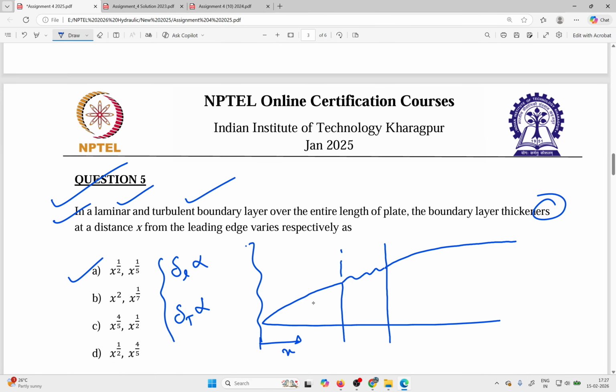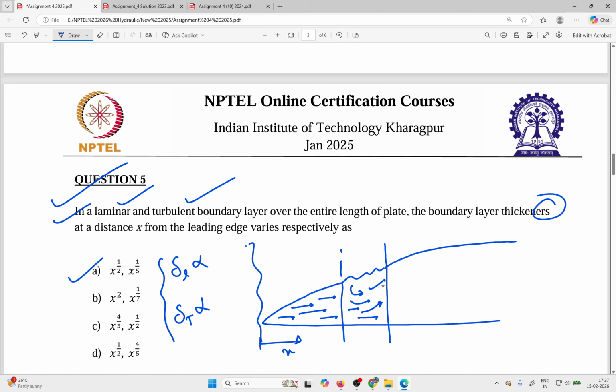So actually, how does your fluid look in the laminar boundary layer? A little bit of ordered flow here. In transition, there is slightly circulation like that. Remember, please.